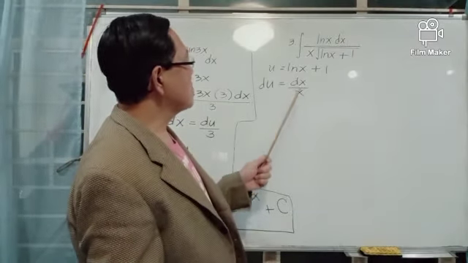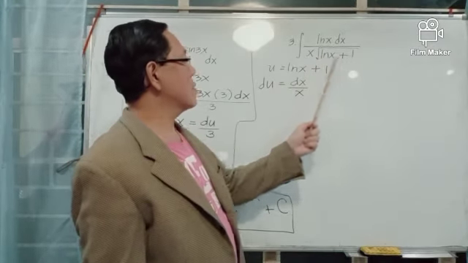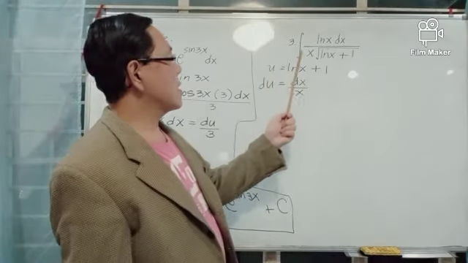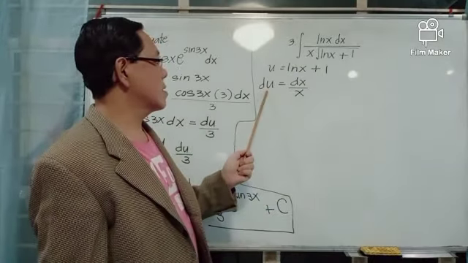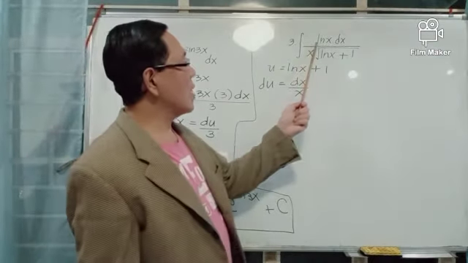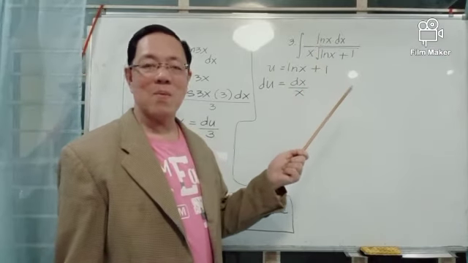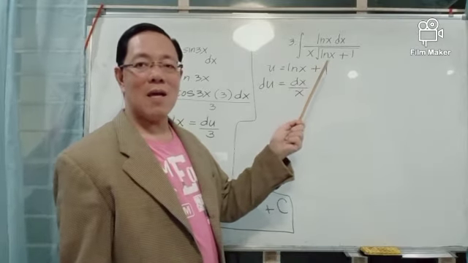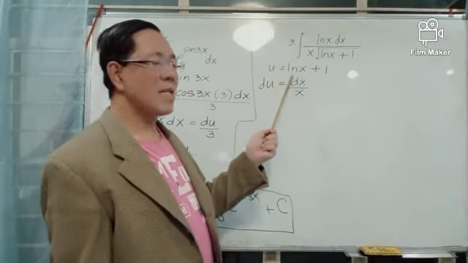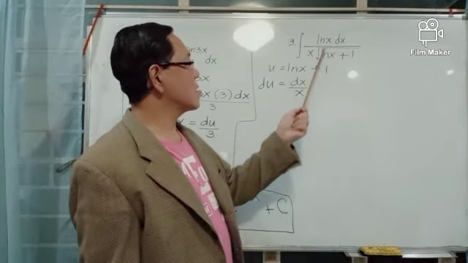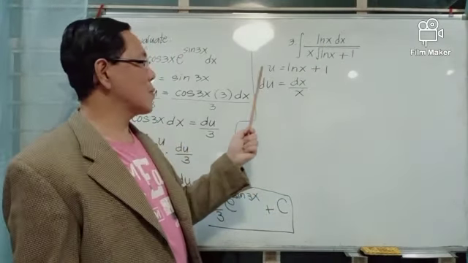Now, we will replace ln of x plus 1 with u. In the given integrand, we have dx over x, and we replace that with du. But we have to get rid of ln of x, otherwise we would have two variables in the integrand, x and u. From this equation, u equals ln x plus 1. We can solve for ln x by transposing positive 1 to the left-hand side.